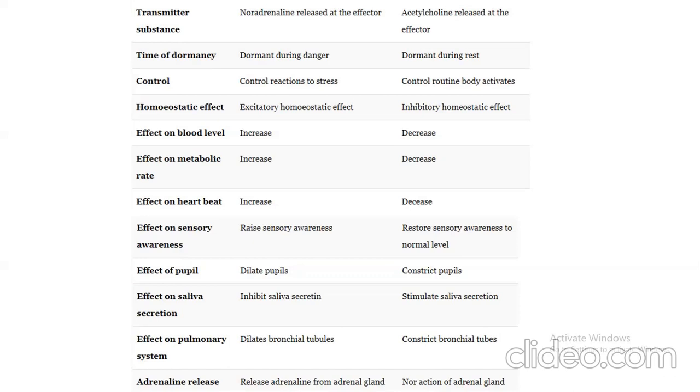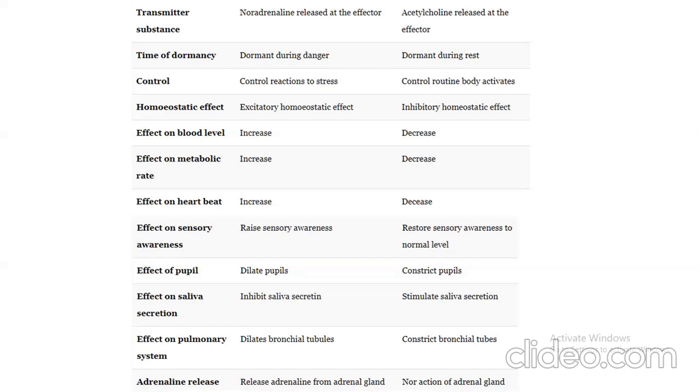Now next one is the time of dormancy. The sympathetic is dormant during rest, and the parasympathetic is dormant during danger. Now next one is the control. The sympathetic controls reaction to stress, and the parasympathetic controls routine body activity.